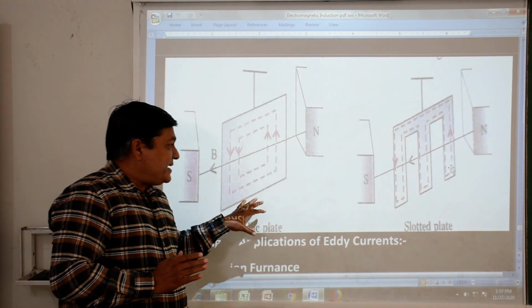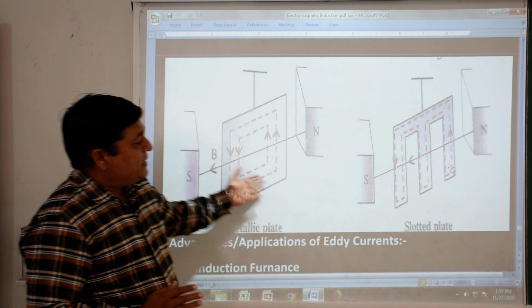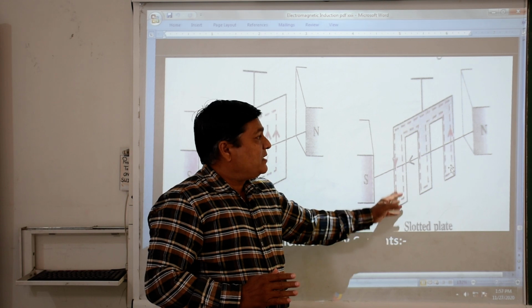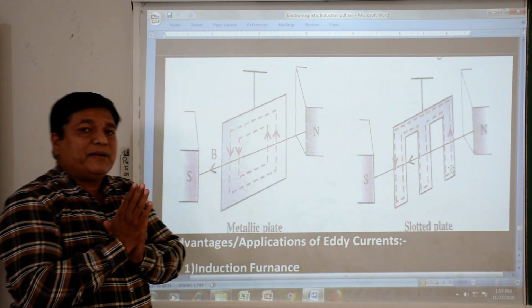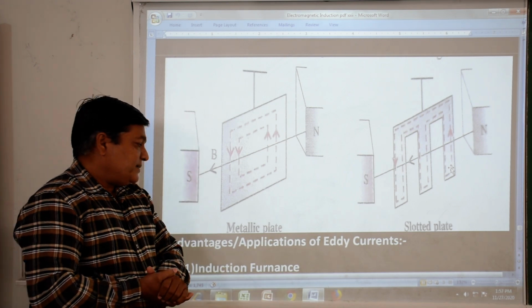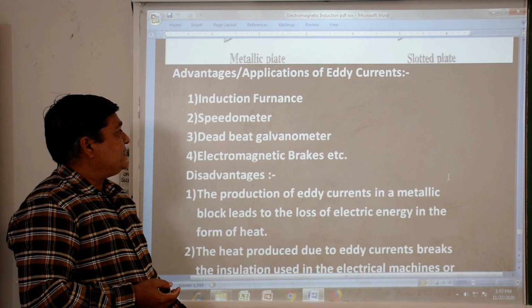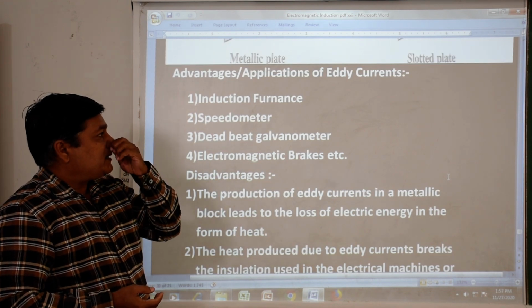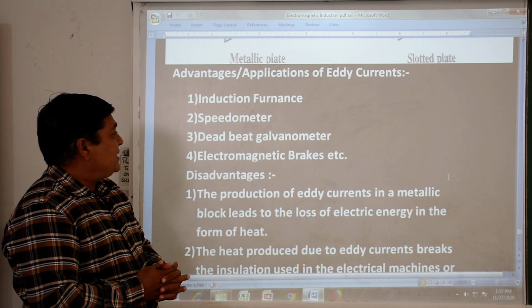In order to minimize this effect of the eddy current, plates are used in the form of slots, so that minimum eddy current is formed and minimum damping takes place in the plates. Now, advantages and applications of eddy currents. There are many applications. The induction furnace is based on eddy currents.